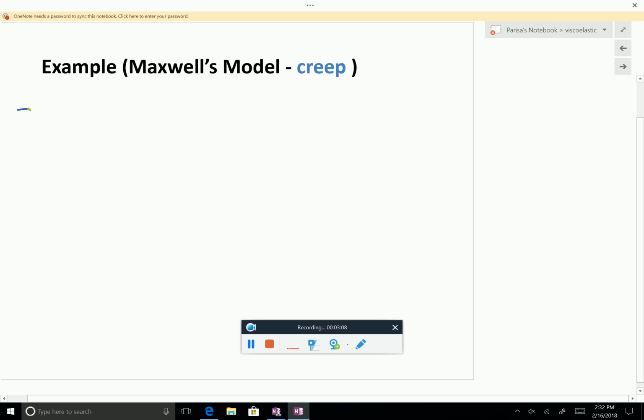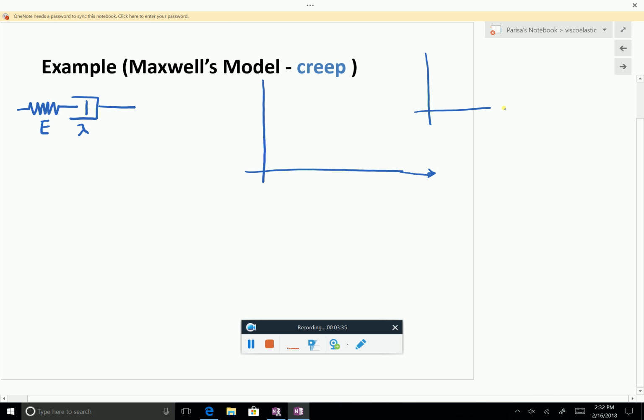So the model is a Maxwell model. Pay attention to the terminology I use. This is the model. The parameters are E, elastic modulus, and lambda, viscosity. Now, this is time, and this is stress. At time 0, I apply some stress, and I hold it for 100 hours.